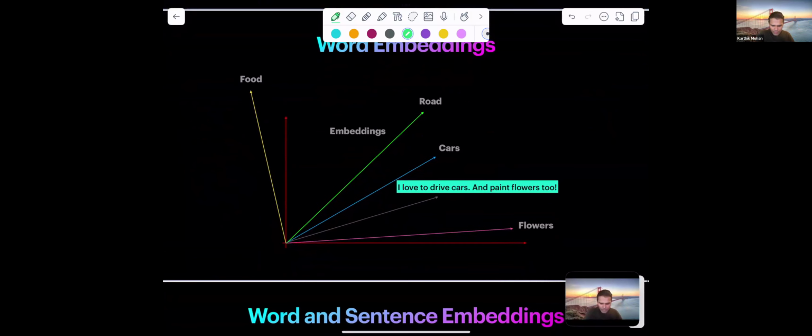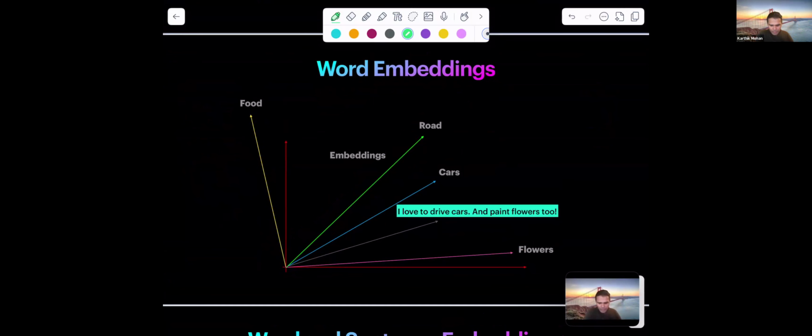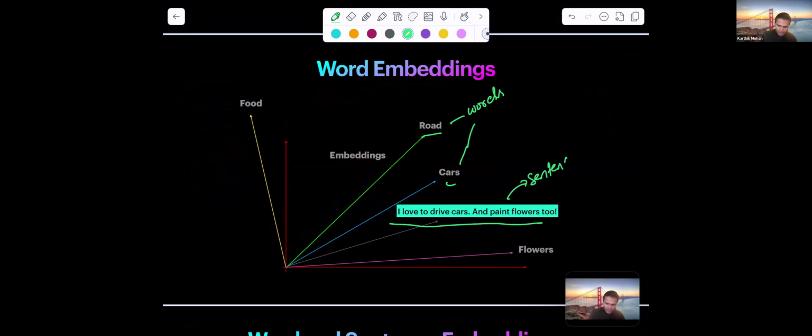Okay. You can even embed sentences. Although these are embeddings for words, this is a sentence, and you can also embed a sentence in the same shared space. Here's a question for you. Suppose I have embeddings for words. What's a way to embed a sentence if I know the embeddings for the individual words?